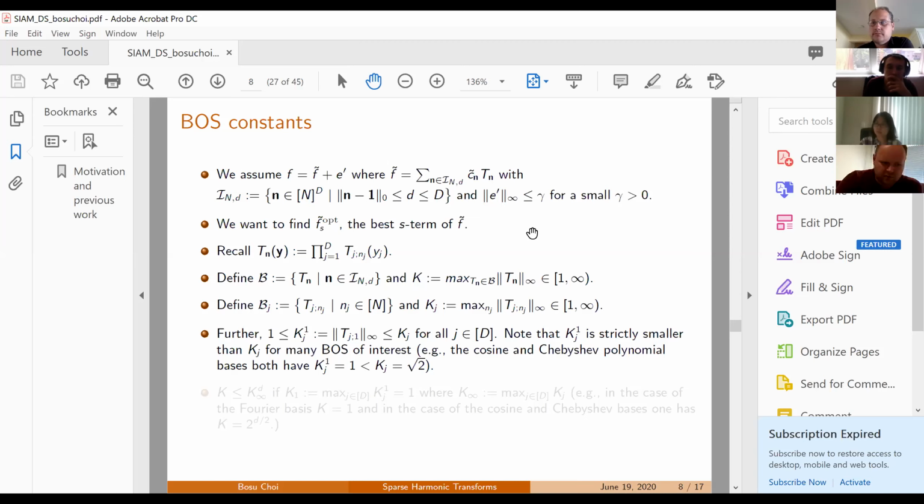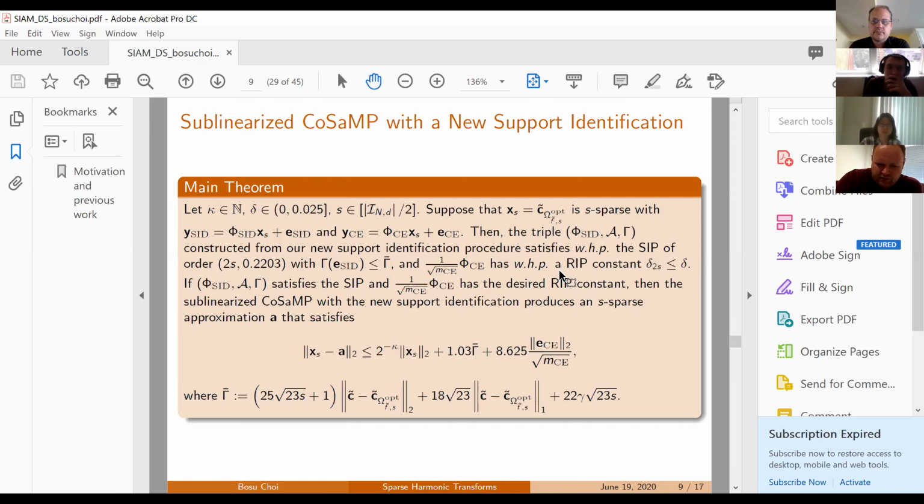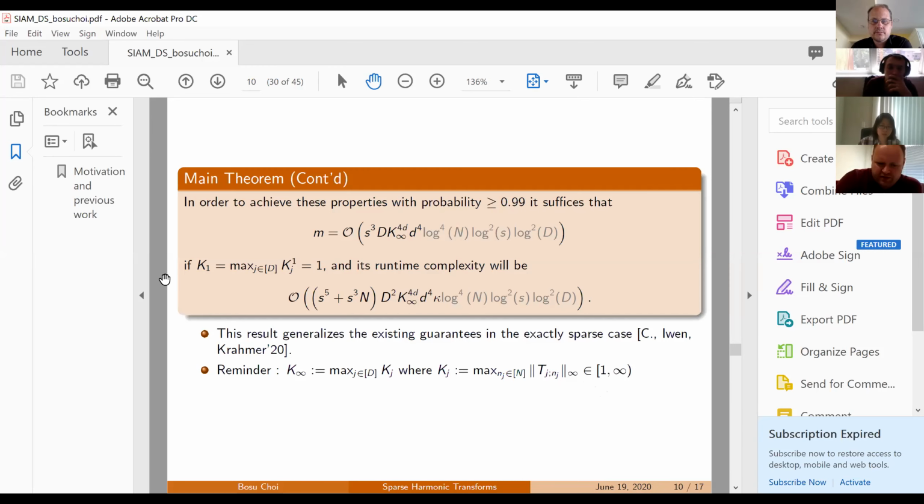Yeah, I have a question. You said that numerically your algorithm is much better than theory, and you showed us the dependence on the dimension, but I didn't get the dependence on the sparsity. Theoretically it depends on S to the fifth.